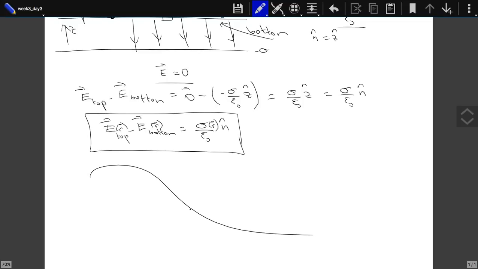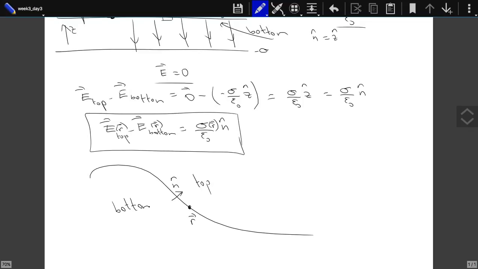So you just take, for example, this point over here. If this is your chosen n vector, that means this side is the top of the surface, this is the bottom of the surface. So if you approach this point R from the top, if you take the limit, then you obtain an electric field, which I denote by E top.